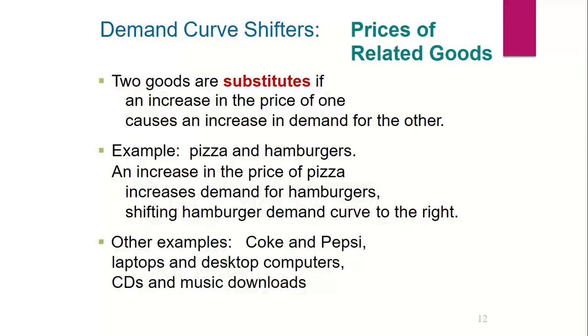Another example is Coke and Pepsi, laptops and desktop computers, CDs and music downloads. So all these are substitutes. Whenever the price of one good increases, then the demand for another substitute increases as well, shifting the demand curve rightward.